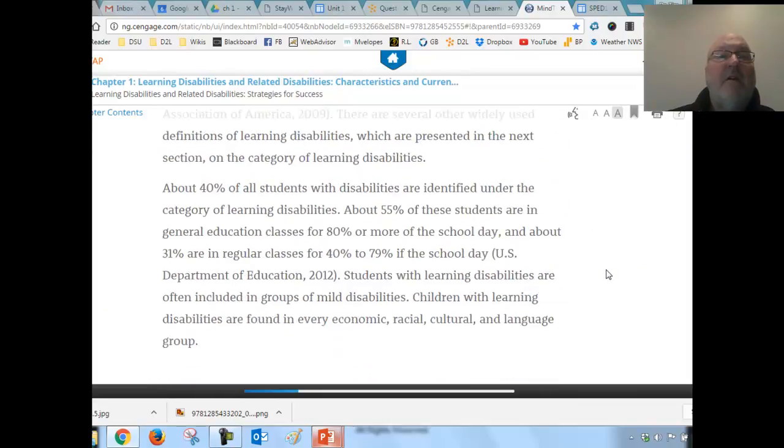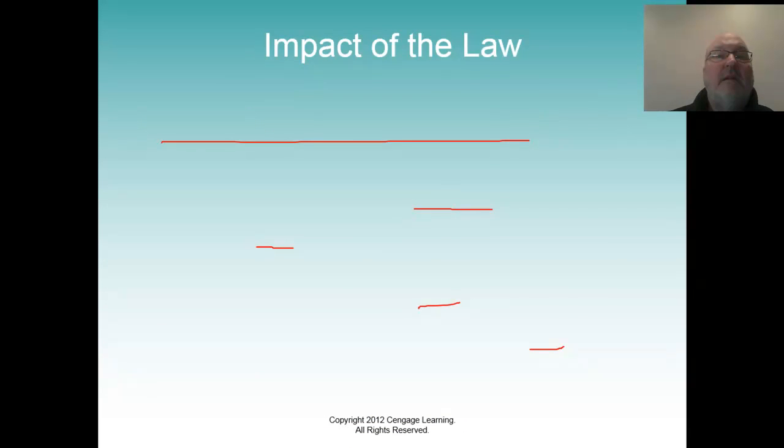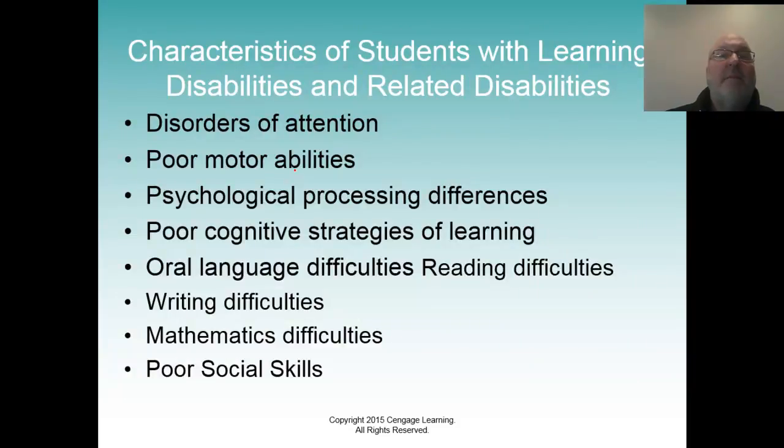And then here's the story on learning disabilities. Students with learning disabilities, disorders of attention. And you know that, having worked with kids at all.